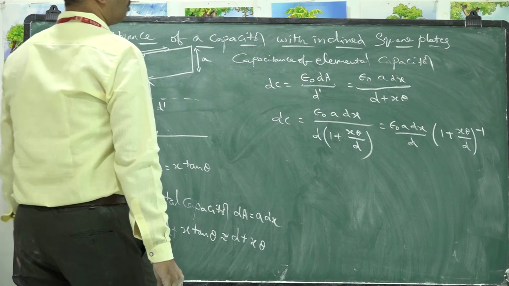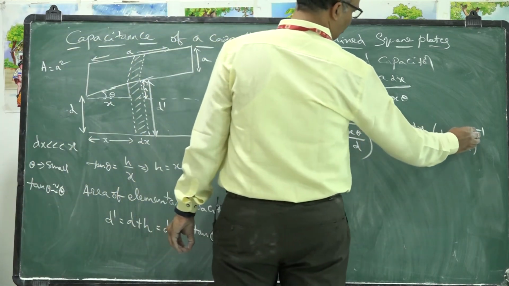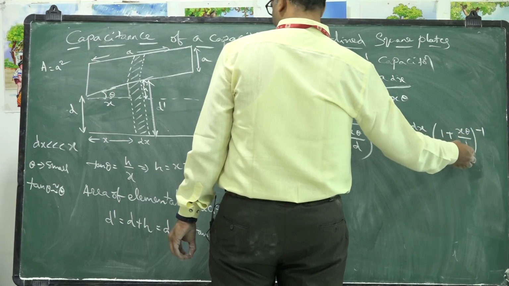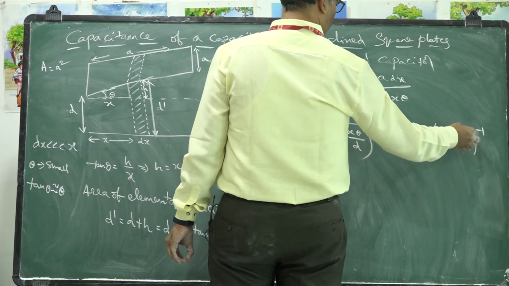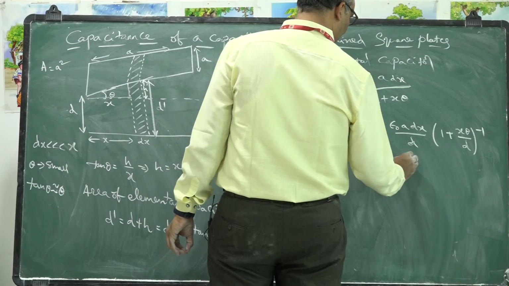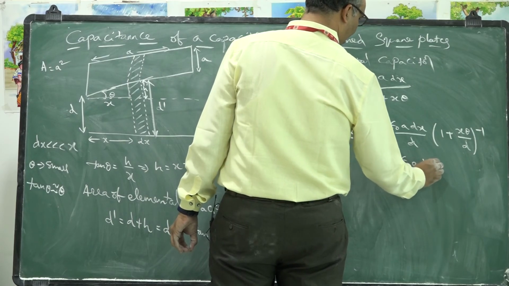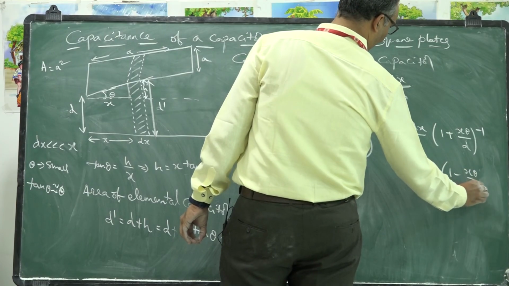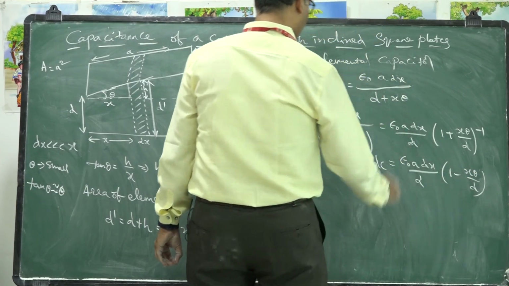As per binomial expansion, as theta is small, x theta is also very small compared to d. So this minus can be kept inside: epsilon naught a dx by d into (1 minus x theta by d). This is the capacitance of the elemental capacitor dC.